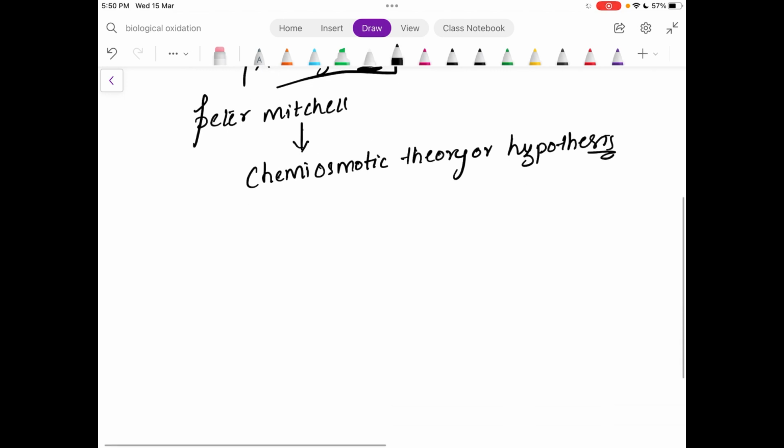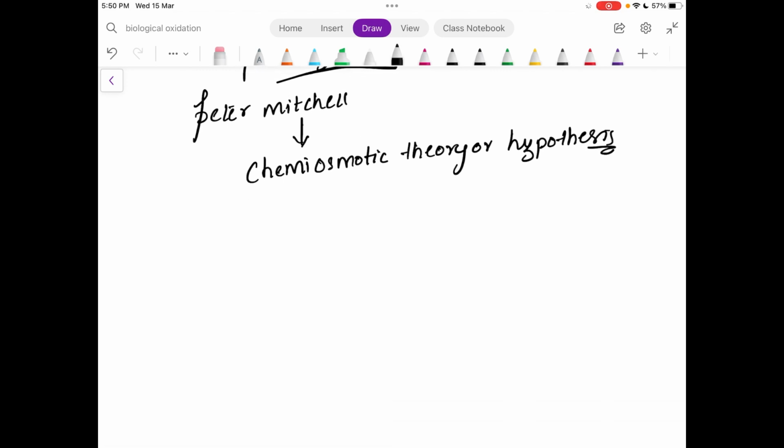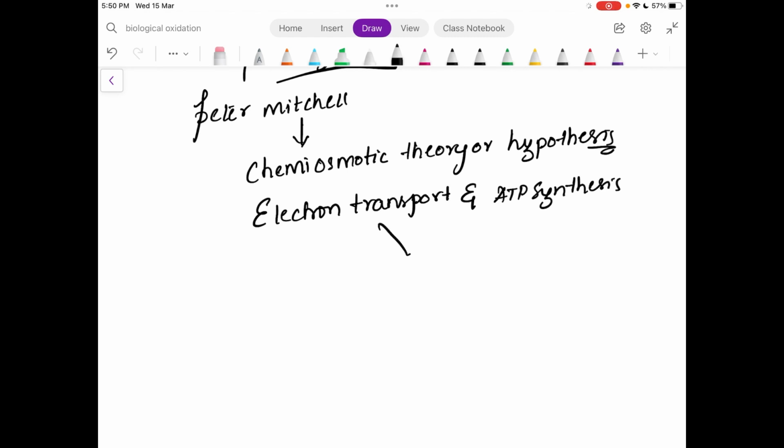What he states is that electron transport and ATP synthesis are both coupled by a proton gradient.